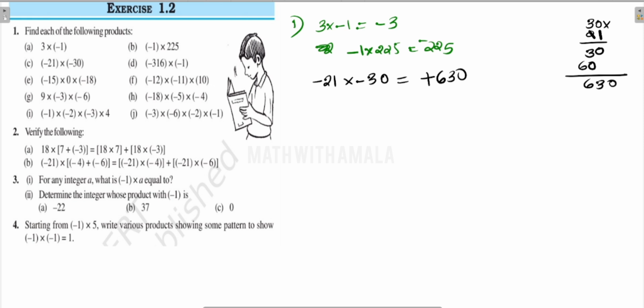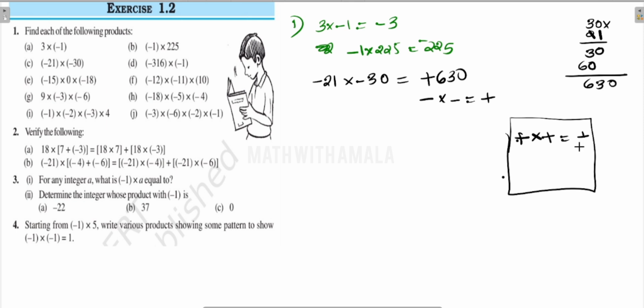So before moving to the next questions, let's have the rule for multiplication when we have negatives and positives. You can note this in your notebook. What are the rules in order to multiply negatives and positives? I have given this in a box. Positive into positive is positive. Positive into negative is negative.